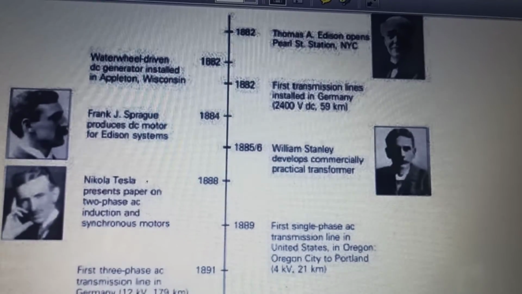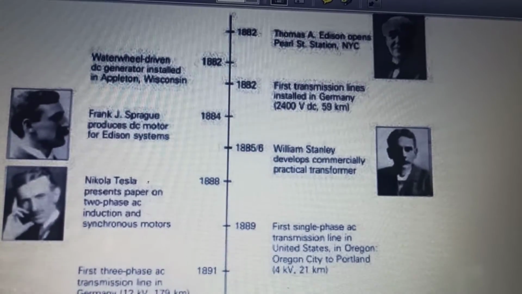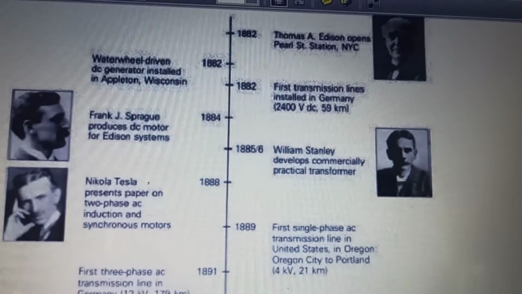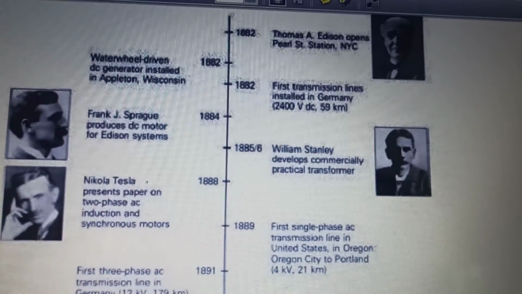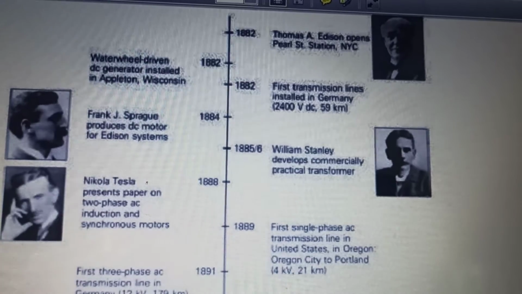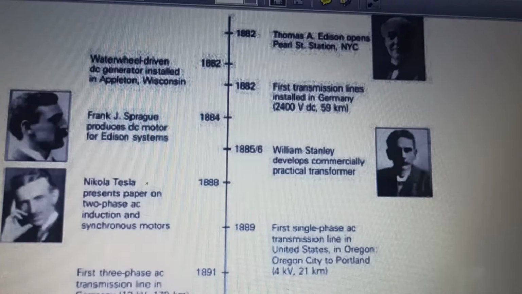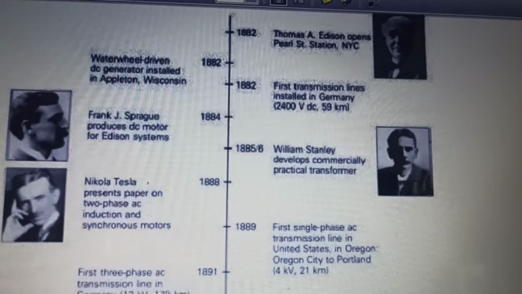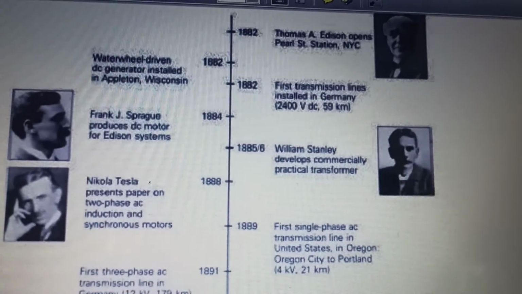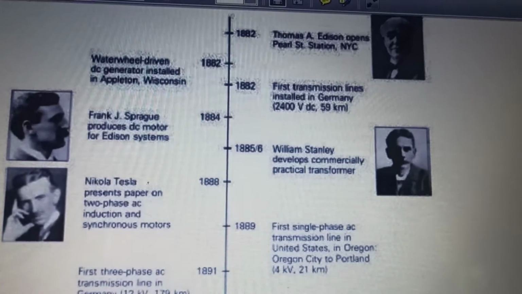Okay, clear? And a major breakthrough was obtained just after 4 years. So this was the way in which the scientists worked. In 4 years, a commercially practical transformer was developed.